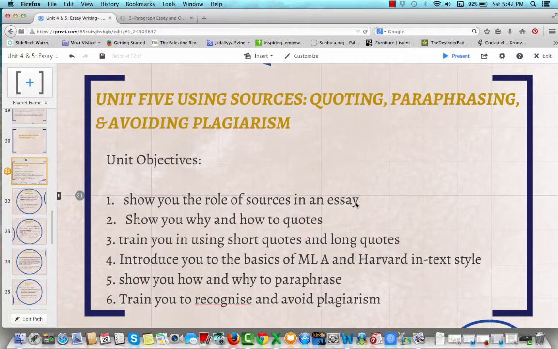How you structure a long quote, how you structure a short quote in your writing, as opposed to an actual question. The other thing you should know is that MLA and Harvard are in-text citation formats, and there are actually many different ones. There's Chicago, there's Turabian, there's many different types. Now, MLA and Harvard are useful for the humanities. Humanities mean literature is a part of humanities.